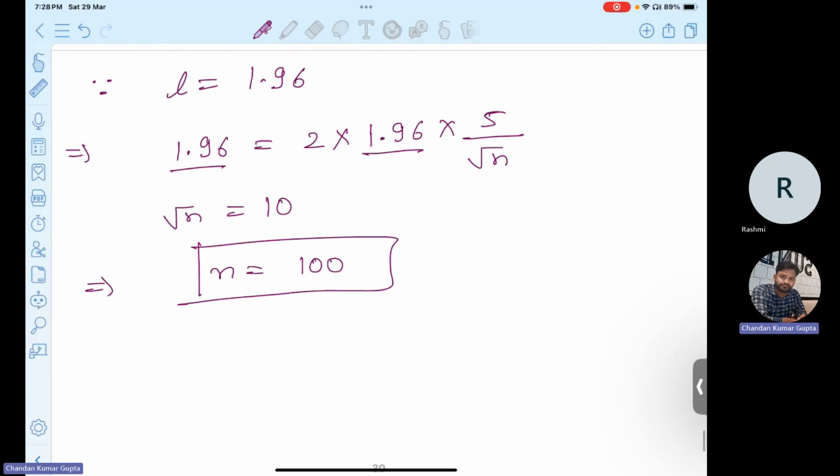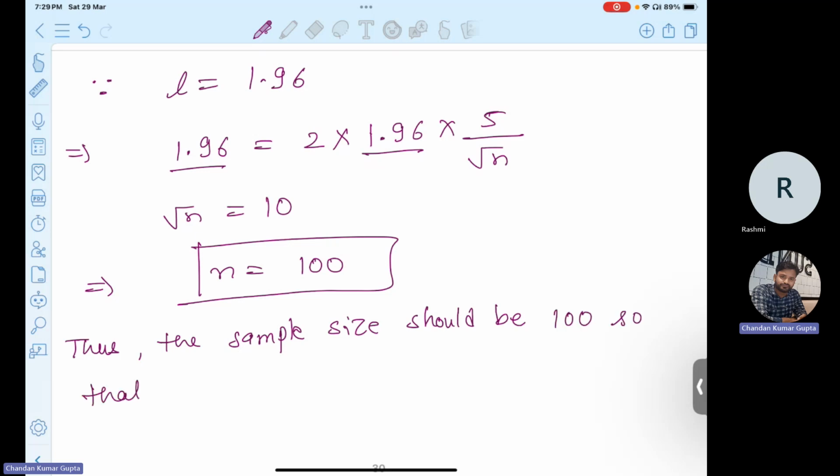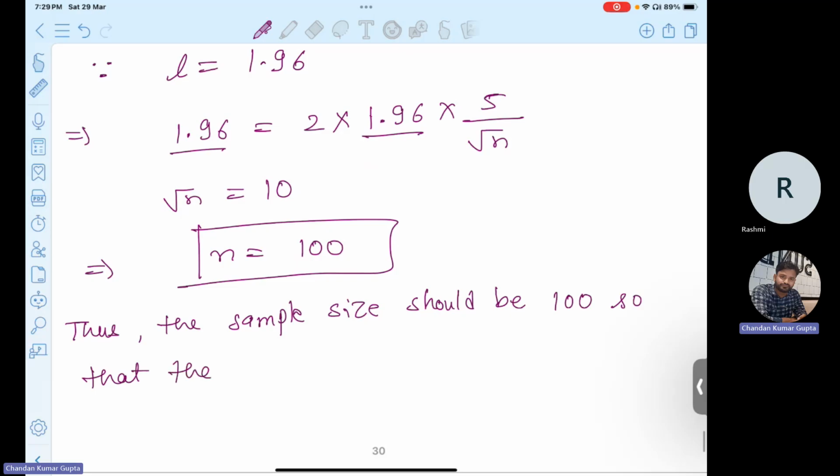Simple. So the sample size should be 100 so that the length of the 95% confidence interval will be 1.96.